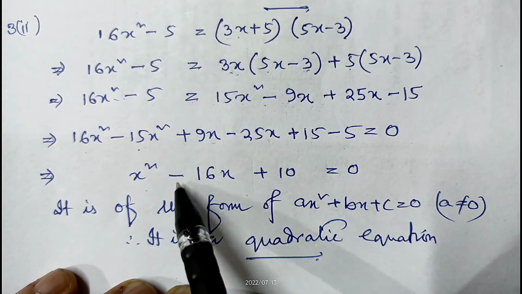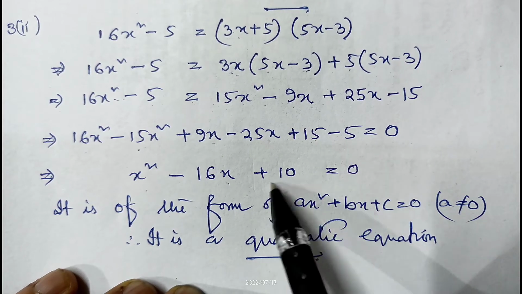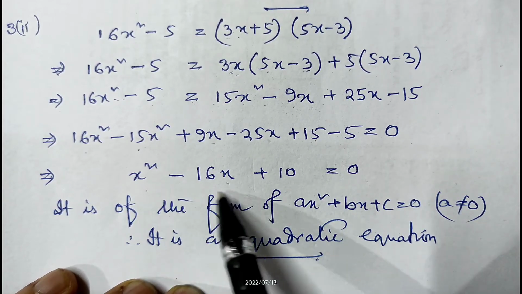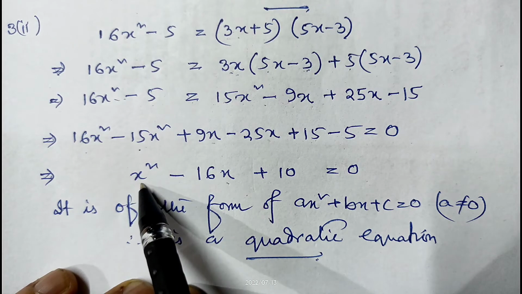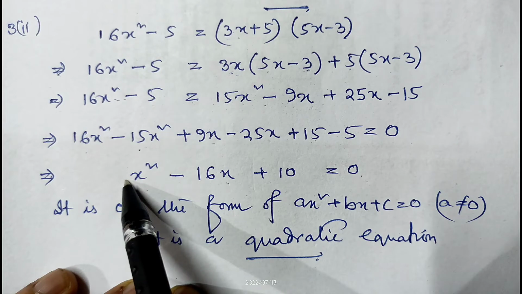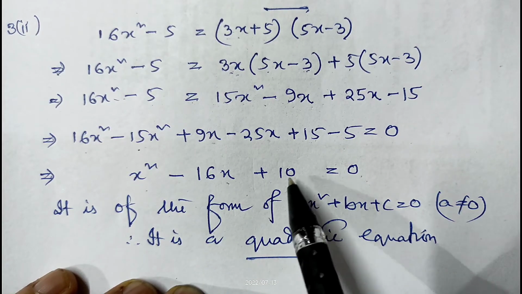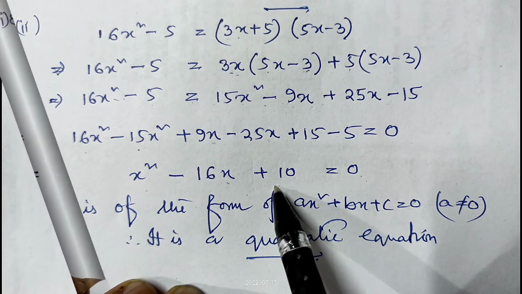If I subtract, it will be minus 16x, plus 15 minus 5, it will be plus 10 equals to 0. Now this part is of the format of ax square plus bx plus c equals to 0, where a will be 1, b will be minus 16 and c will be 10. So it is a quadratic equation.